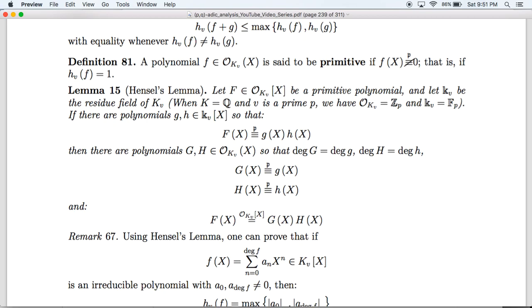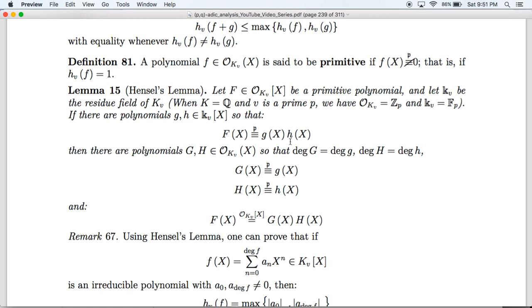So the rule is as follows. So we have our primitive polynomial f. Suppose if we project everything mod p, that there are polynomials g and h over the residue field, such that over the residue field, f is equal to little g times little h.